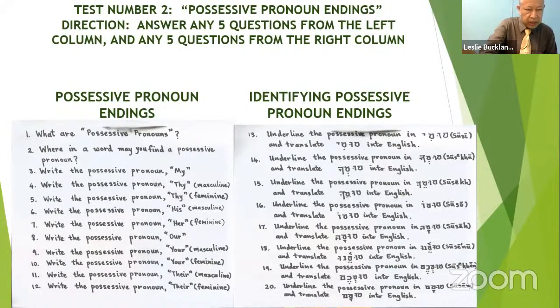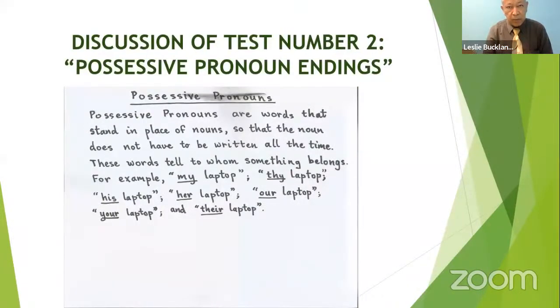Now, the expected answer, as I will show you shortly on the next screen, is: everybody able to see the screen? Possessive pronouns are words. Yes, brother. Good. That stand in place of nouns so that the noun does not have to be written all the time.